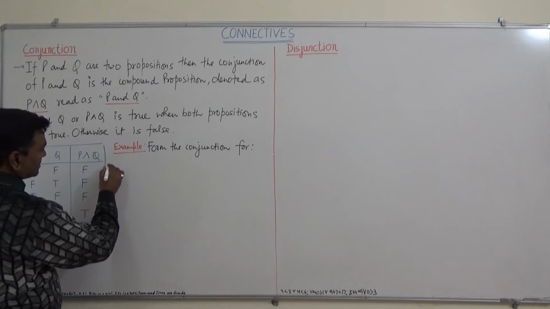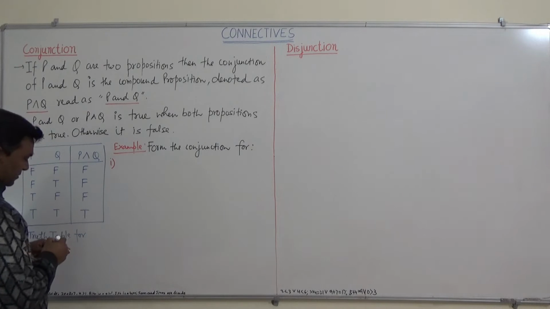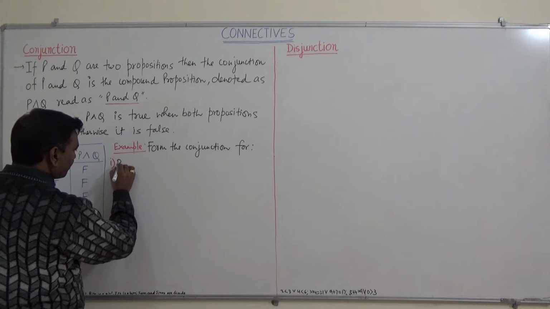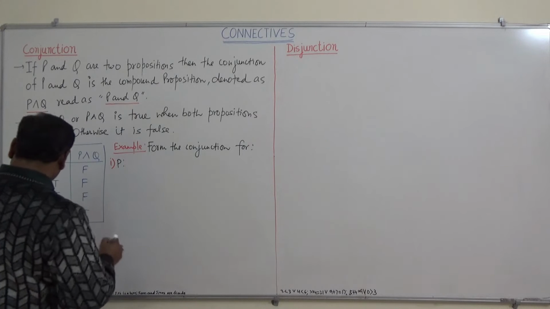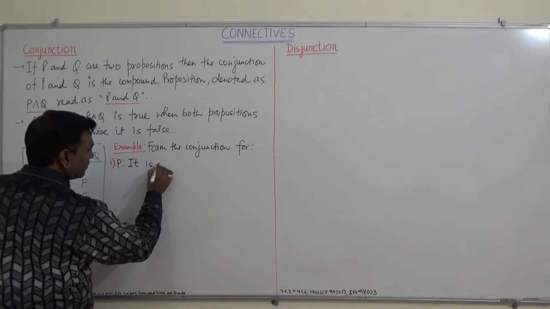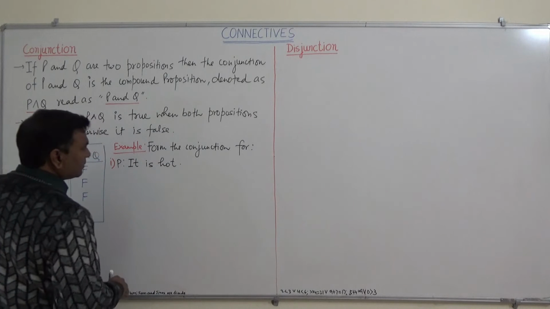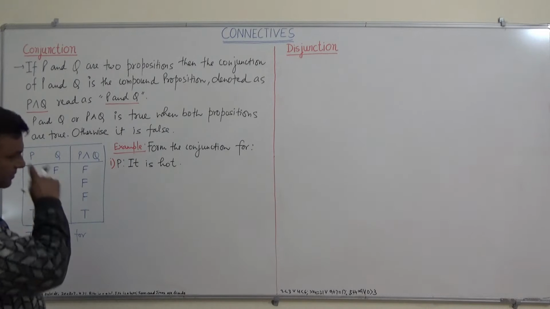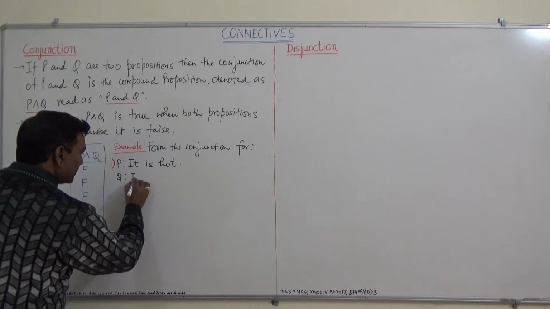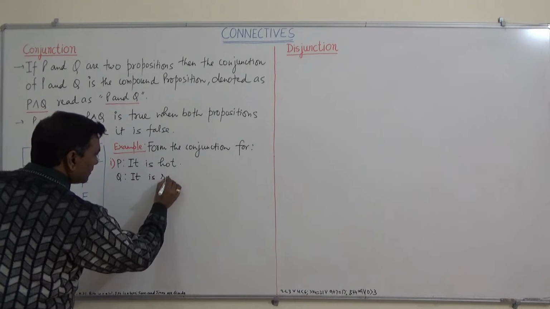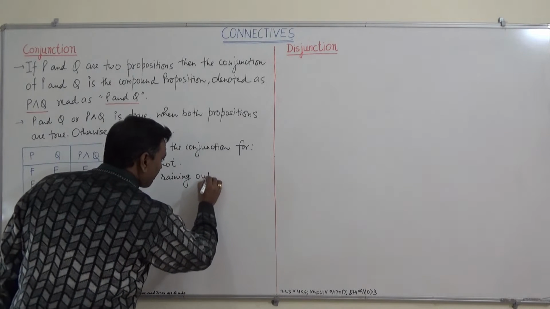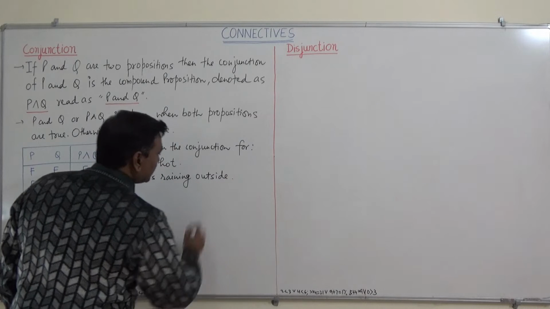The first example: suppose the first proposition, P, is it is hot, and the second proposition, Q, is it is raining outside.